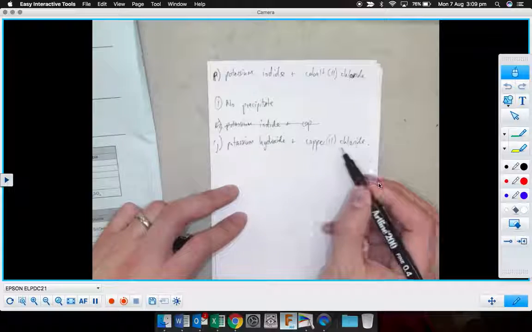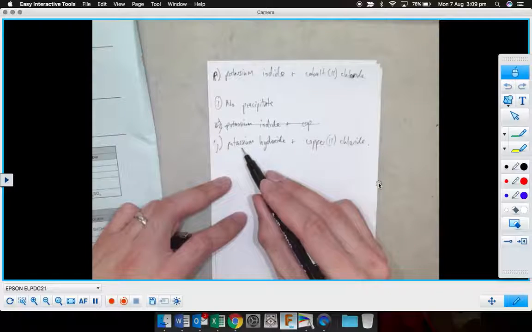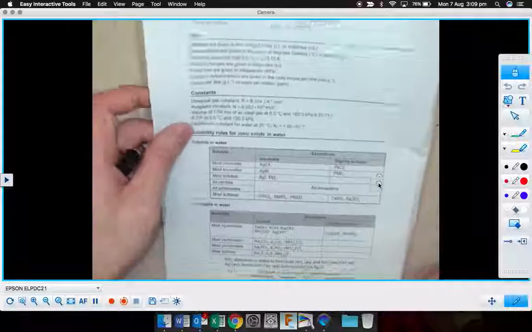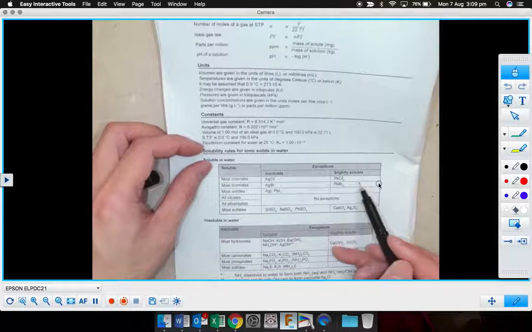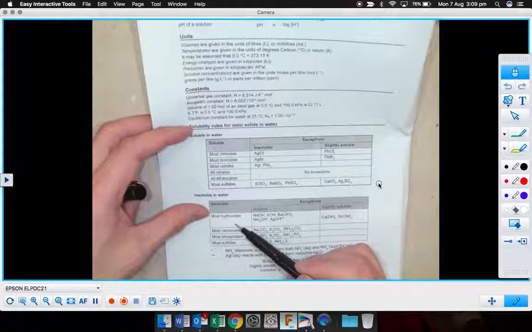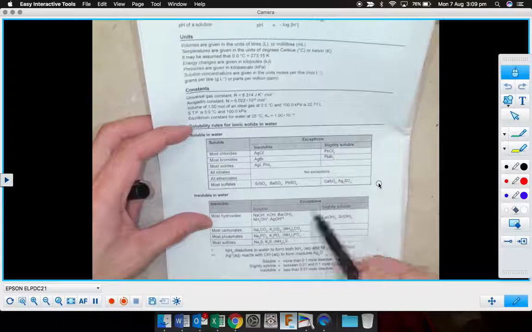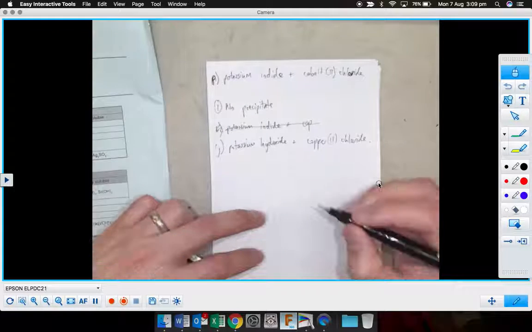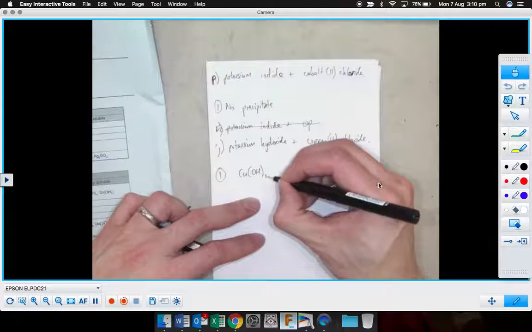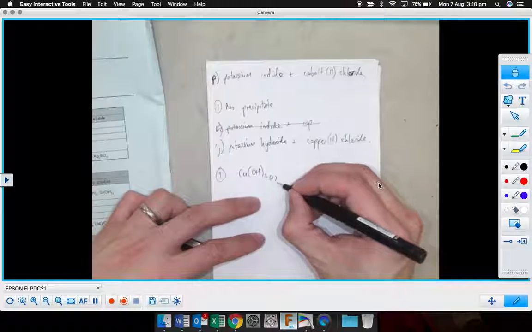The two combinations are potassium chloride and copper(II) hydroxide. Potassium chloride: most chlorides are soluble except for those, which potassium is not one of. And copper hydroxide: most hydroxides are insoluble except for these, of which copper is not one. So we know that copper hydroxide will be insoluble.